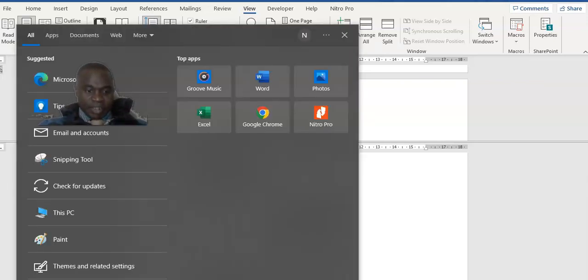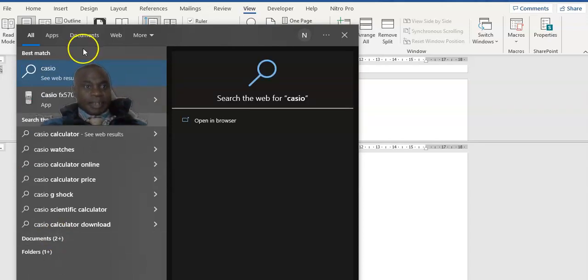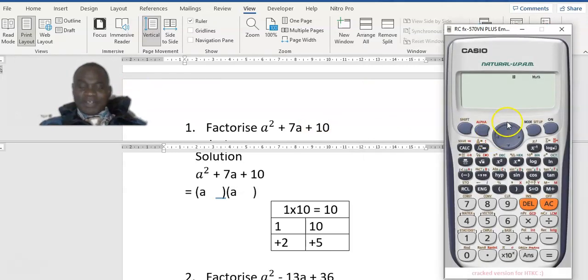Let's get our calculator. I'm getting my calculator from my laptop. Okay, this is my calculator. We want 2 factors for this 10. On your calculator, I've taught you how to use this one. You press 10 divided by 1.